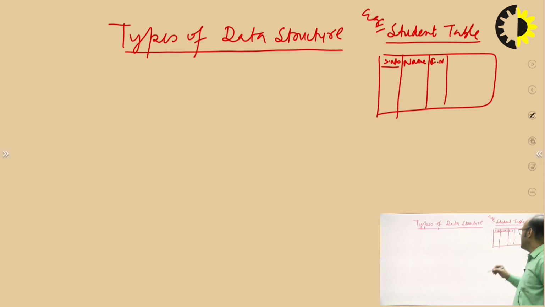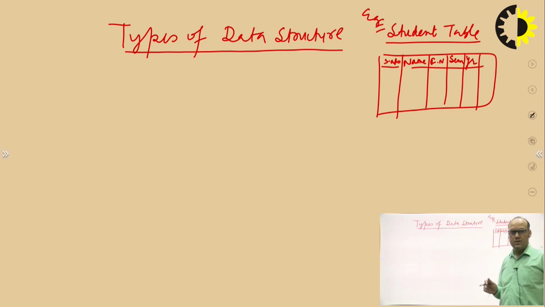Then, for example, which semester or year the student is studying in. So that information automatically comes to your mind. So you have thought that it is a better way to keep that detail in the form of a table, right?